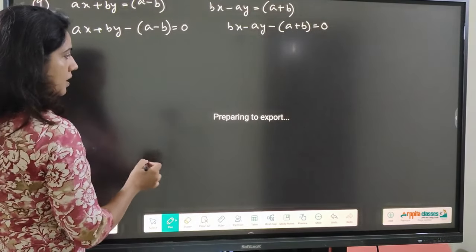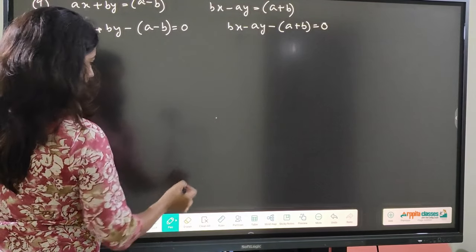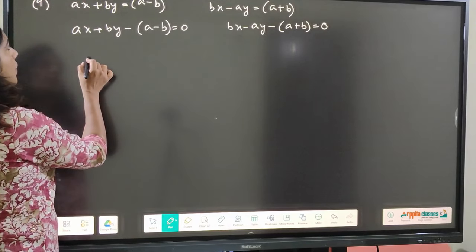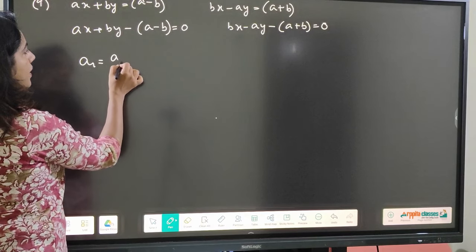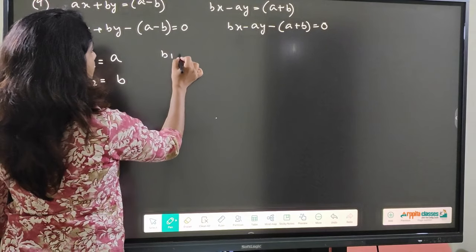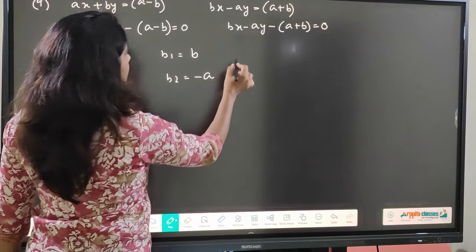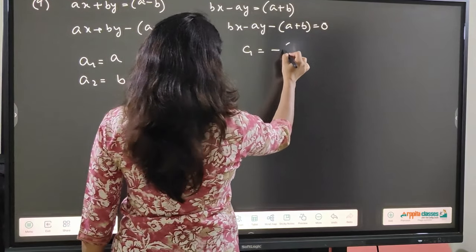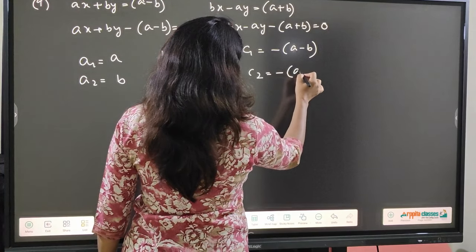Now we are going to write, no, cancel. Okay, so a1 is a now, a2 is b, b1 is b, and b2 is minus a, c1 is minus a minus b, c2 is minus a plus b.